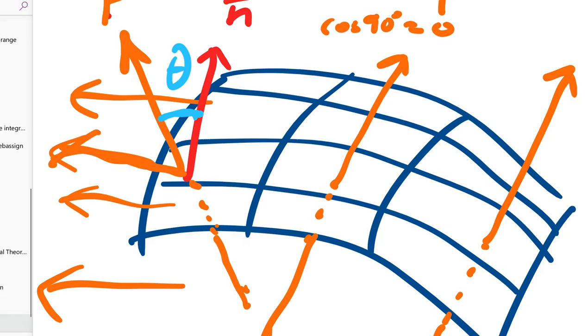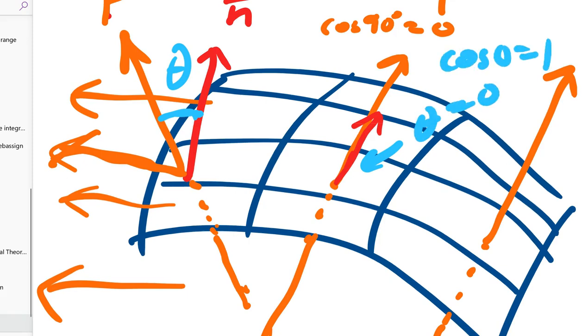On the other hand, if the normal and the vector field line up, then the angle there is 0. So here theta equals 0, and the cosine of 0 is 1.